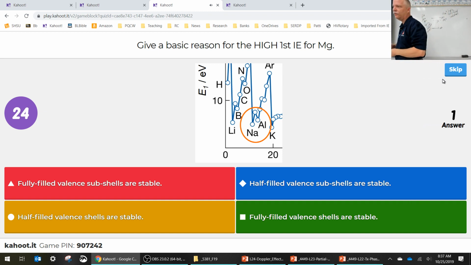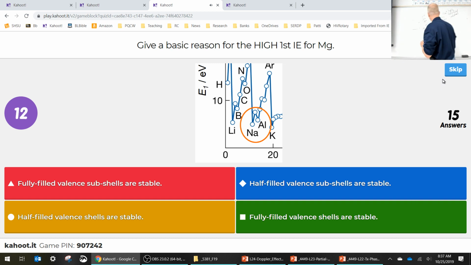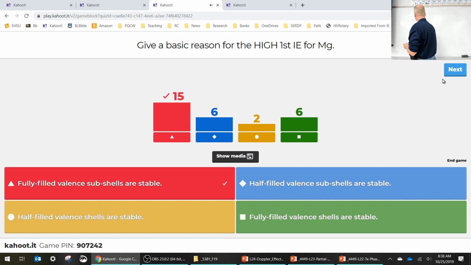Okay, so here we are. We have the high first ionization energy for magnesium. Same 4 answers. Okay, still a pretty big spread. Now the correct answer is fully filled valence subshells are stable.